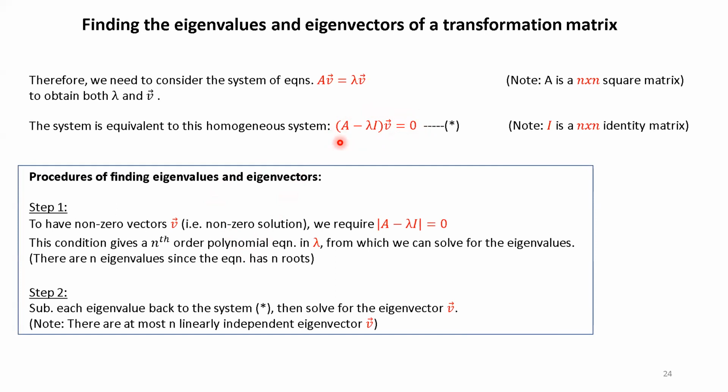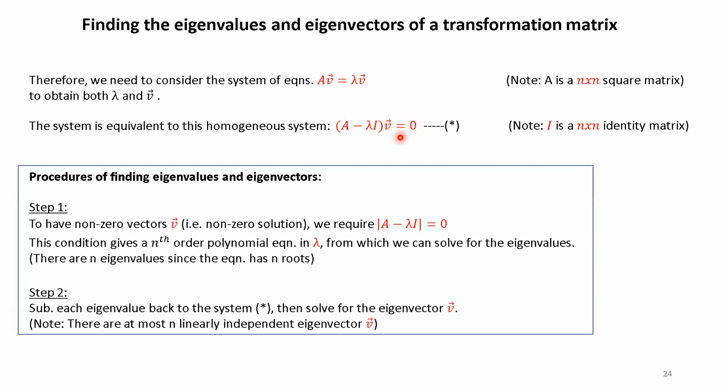If this linear system only has one solution, that is the so-called zero solution or trivial solution, so V is just a zero vector. But that's not what we want, so the zero vector is not considered to be an eigenvector.